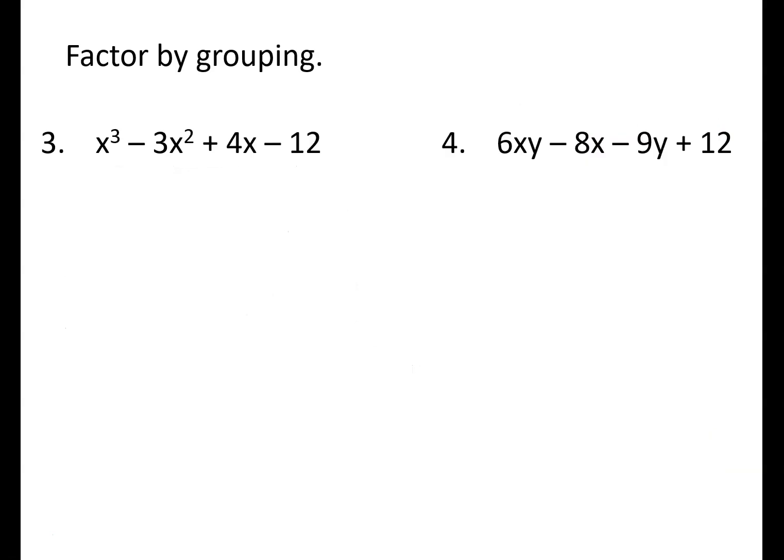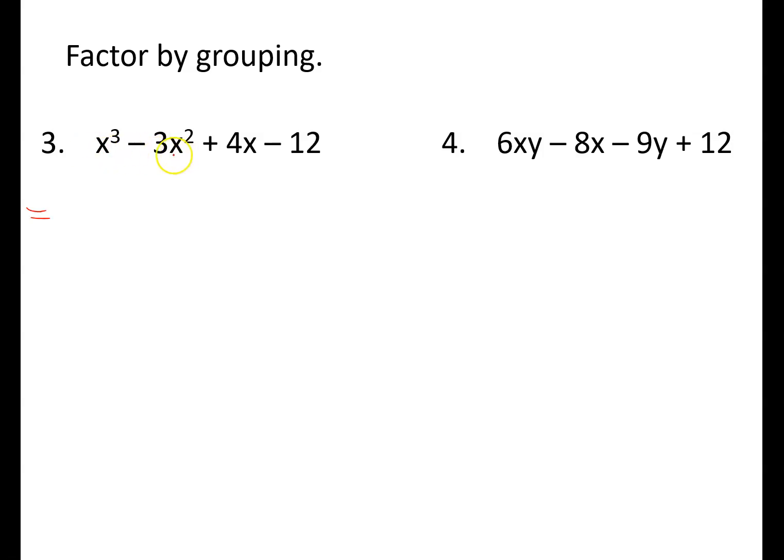Number 3, notice it has 4 terms in it. That's why we can factor it by grouping. So first, look at all 4 terms. We've got a 1 in front of our x cubed, a -3, a 4, and a -12. So because that 1 is in front, there's no GCF for all 4 terms. So then you're going to just look at the first 2 terms only. The first 2 terms, x cubed minus 3x squared. So 1 and 3, we're not going to factor anything out other than a 1, which we don't need to write.